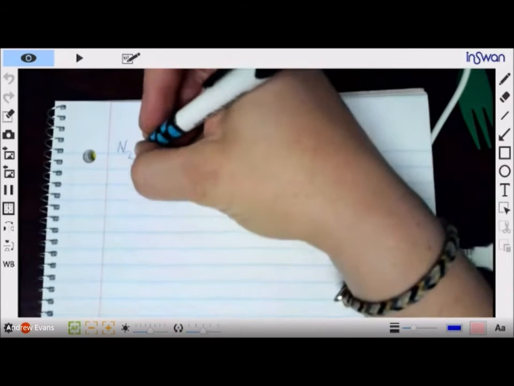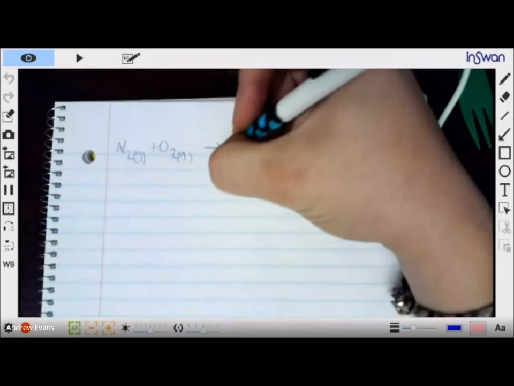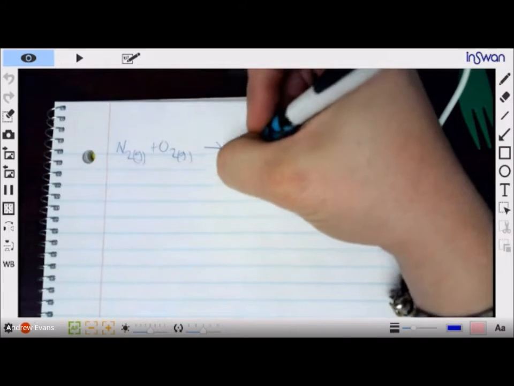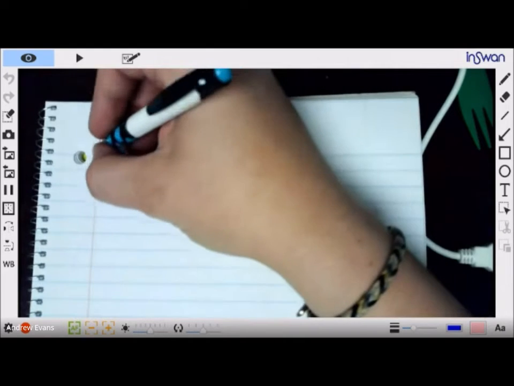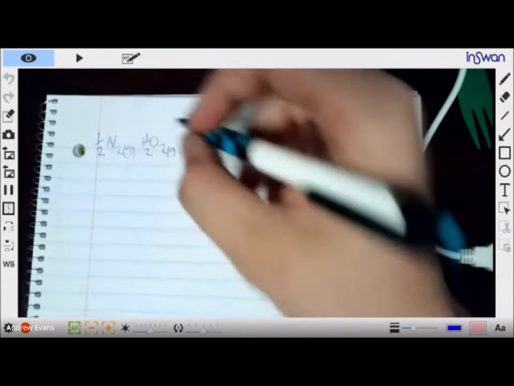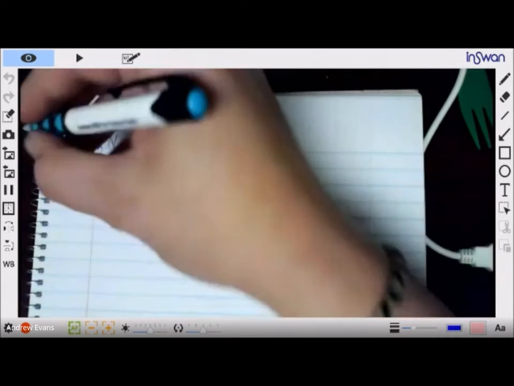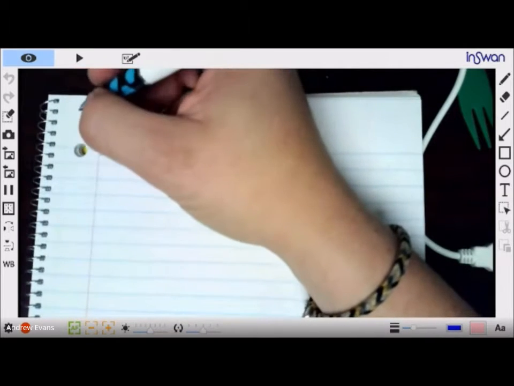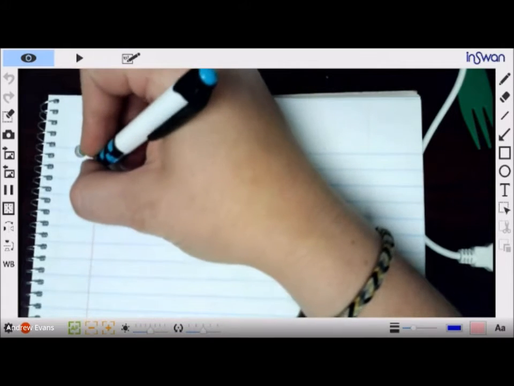N2, O2, gives NO gas. However, because it's heat of formation, this is the one time we can use fractional coefficients.